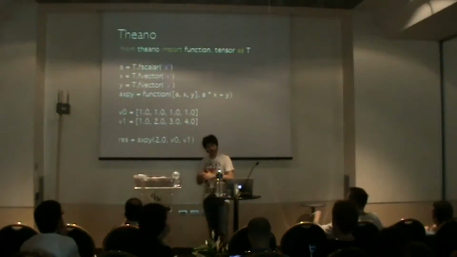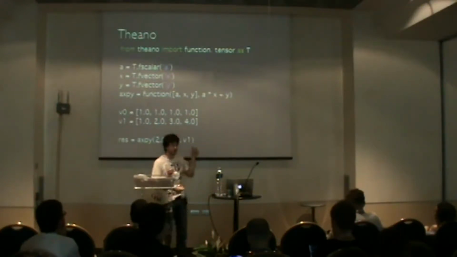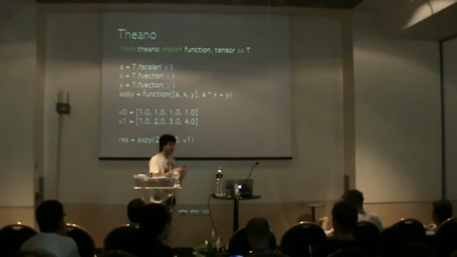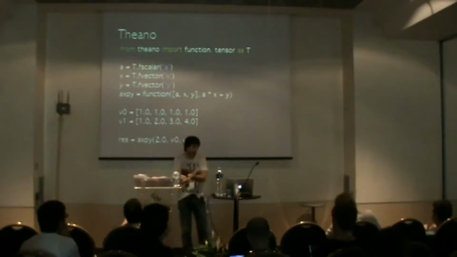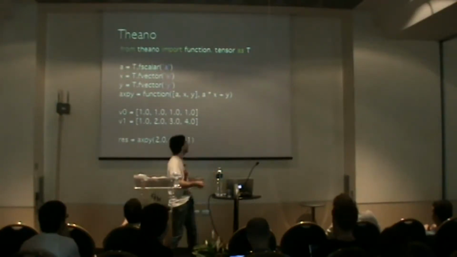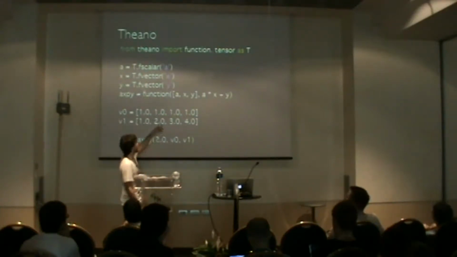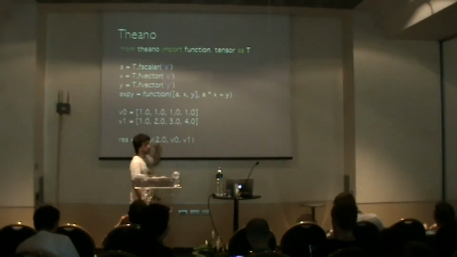I copied the example that I did before for Copperhead, the same AX plus Y. But since Theano is a math expression compiler, we have to declare the arguments that the function takes as input. So we declare A, that is a scalar, and then X and Y, the two vectors.